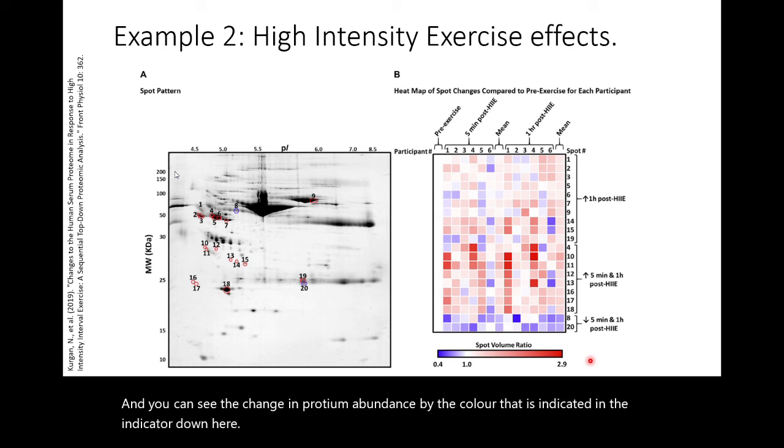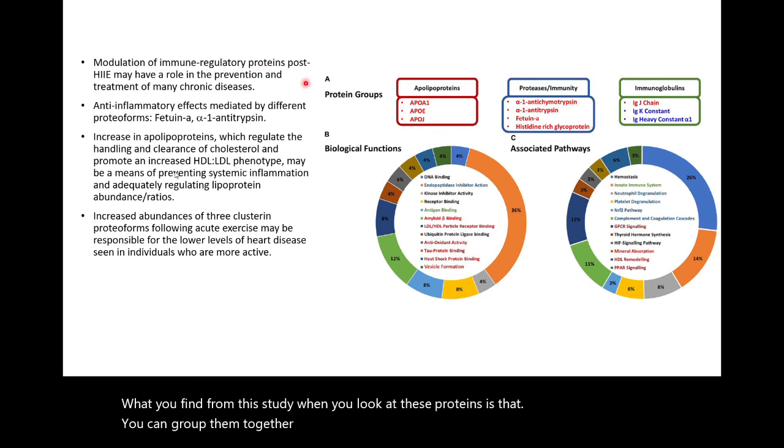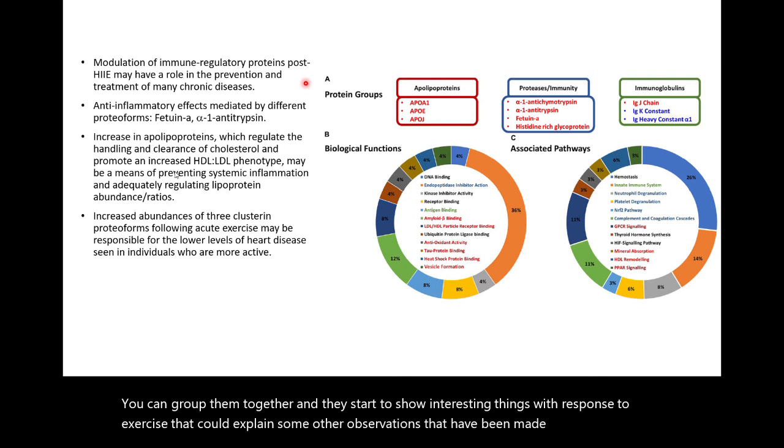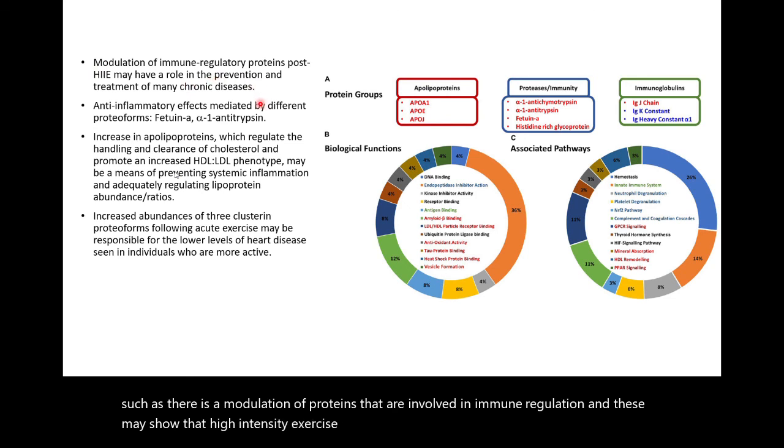What you find from this study when you look at these proteins is that you can group them together and they start to show interesting things with response to exercise that could explain some other observations that have been made in other studies, such as a modulation of proteins that are involved in immune regulation, and these may show that high intensity exercise has a role in prevention and treatment of many chronic diseases that are related to immune system modulation.